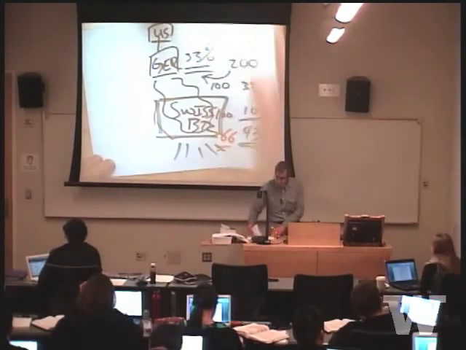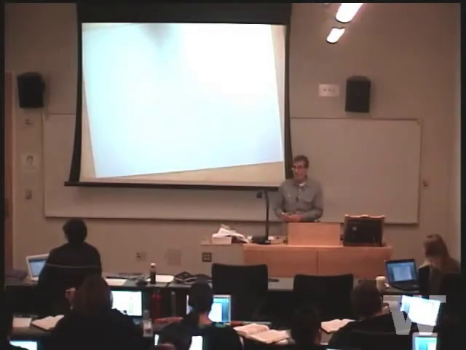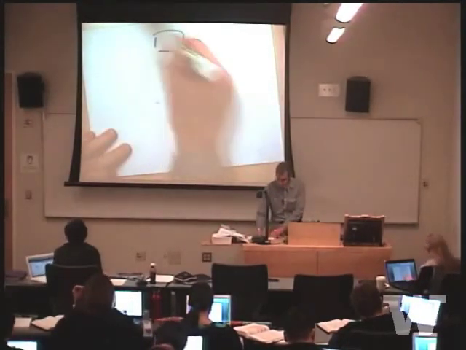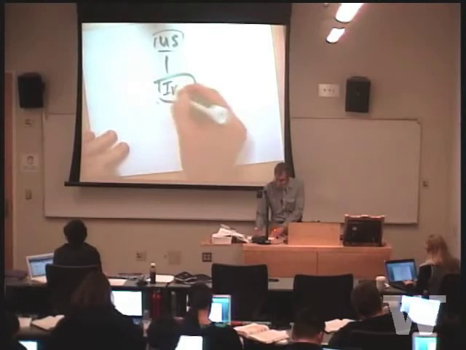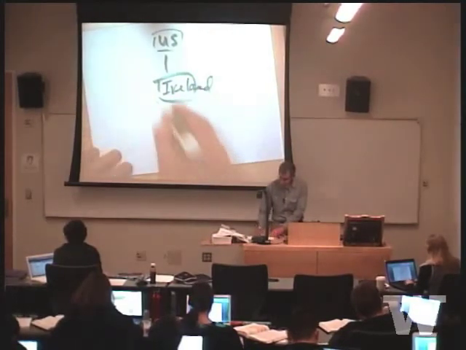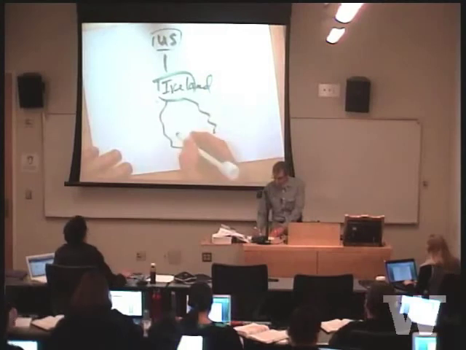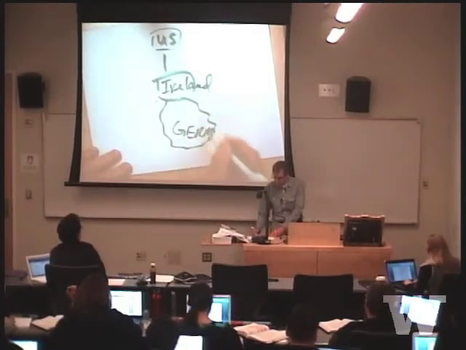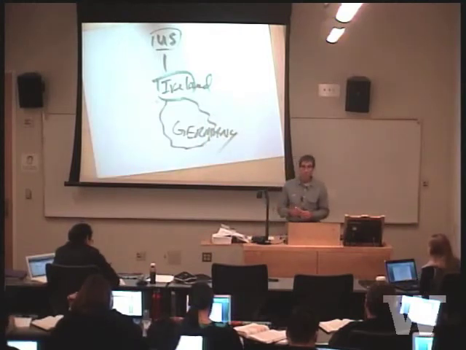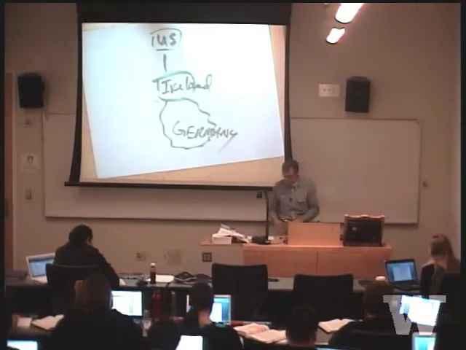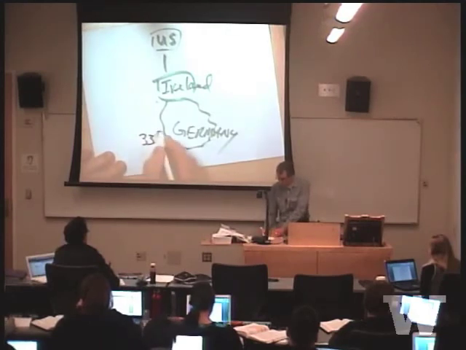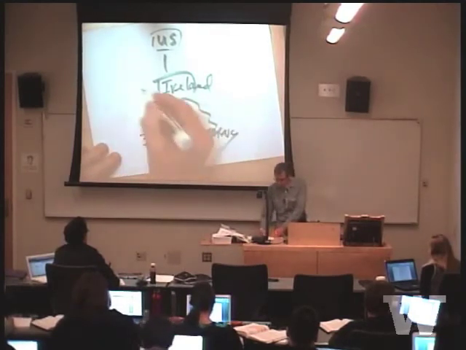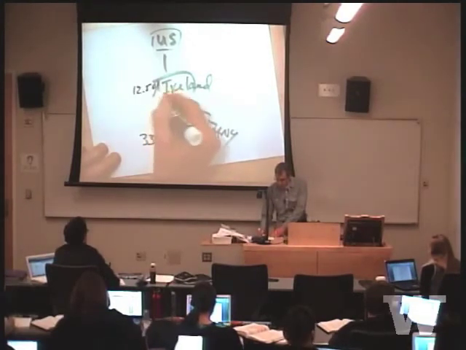The rules also provide for what's referred to as a manufacturing branch. So we have US, we have, let's say, Ireland, and we have our manufacturing branch in Germany. Okay, now the manufacturing profits are being taxed at 33% in Germany, and let's say 12.5% in Ireland.